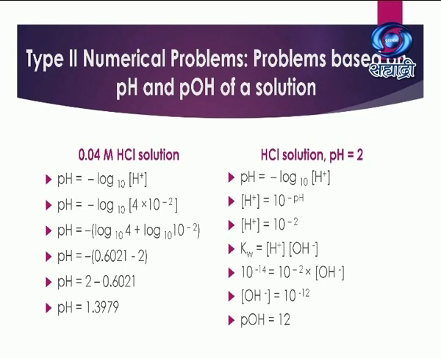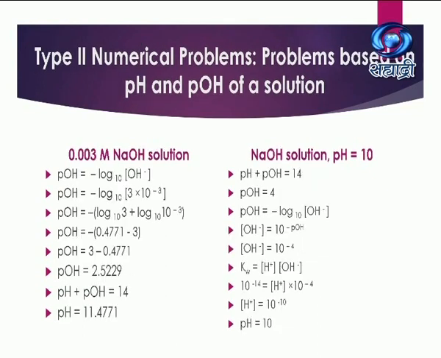Now once we know the OH minus ion concentration, you can calculate the corresponding pOH. Use the definition of pOH. Then you will find that pOH comes out to be 12 and pH comes out to be 2. So the relation between pH and pOH also holds good in this case. This is how the concept of pH and pOH works.